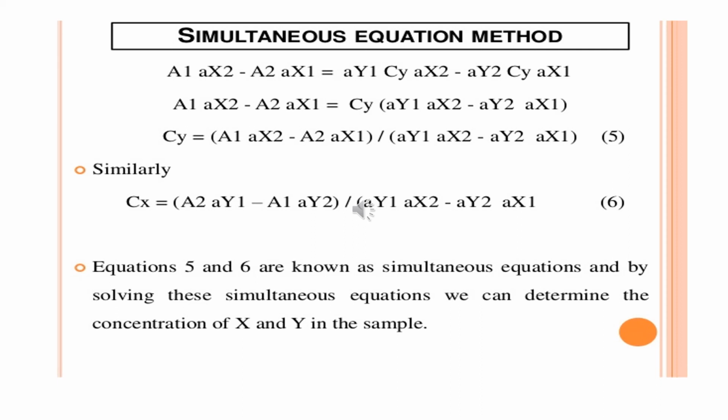We get equation 5. Similarly, Cx is equal to A2 Ay1 minus A1 Ay2 divided by Ay1 Ax2 minus Ay2 Ax1, equation 6. Equations 5 and 6 are known as simultaneous equations, and by solving them we can determine the concentration of X and Y in the sample.